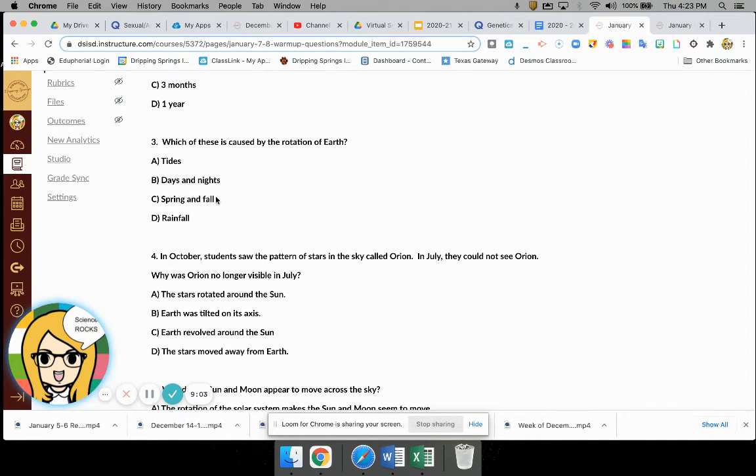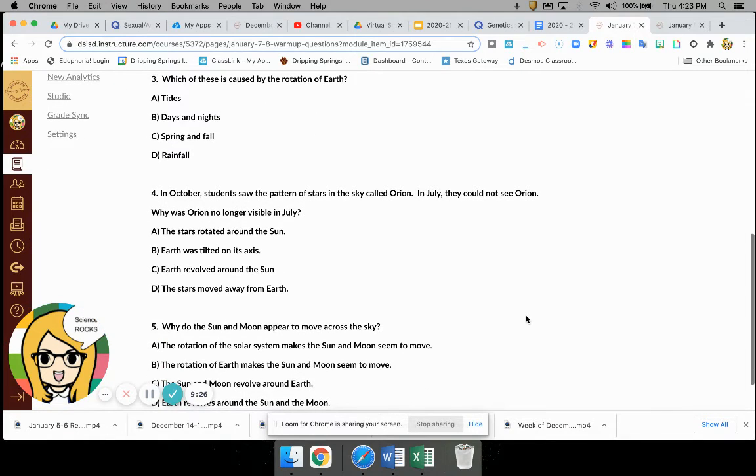Spring and fall are seasons, and that's caused by Earth's tilt on its axis and its revolution around the sun. And rainfall is caused by the water cycle, which is driven by convection. All right, so the answer to number 3, rotation of the Earth causes days and nights.